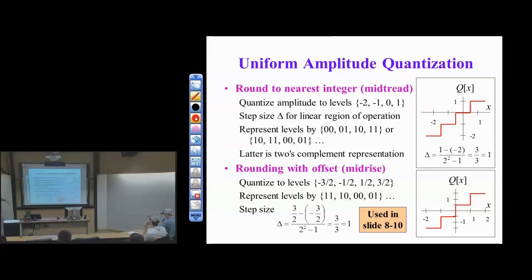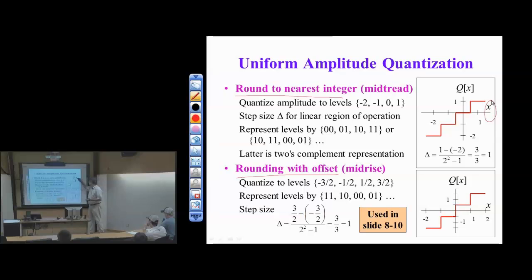All right, so let's do the quantizer in isolation for pretty much the rest of the lecture today. So two possibilities of many for uniform quantization. We have round to the nearest integer, and we have round with offset. Now the bottom one is the one we're going to use to derive the SNR formula for quantization. So just to kind of look at what happens. So I have an input X, think of it as a voltage.